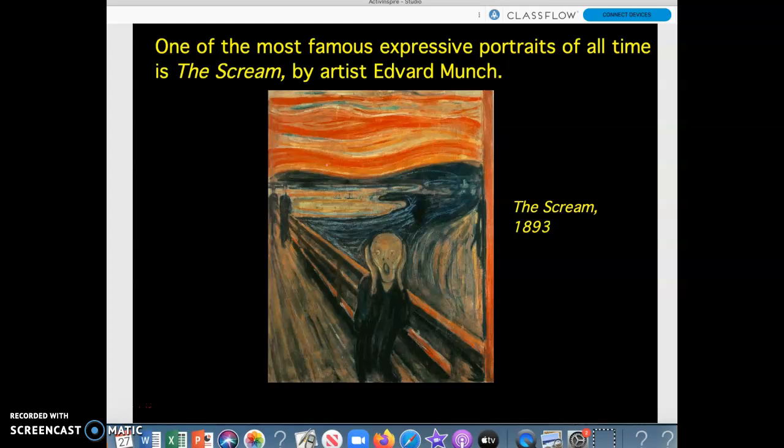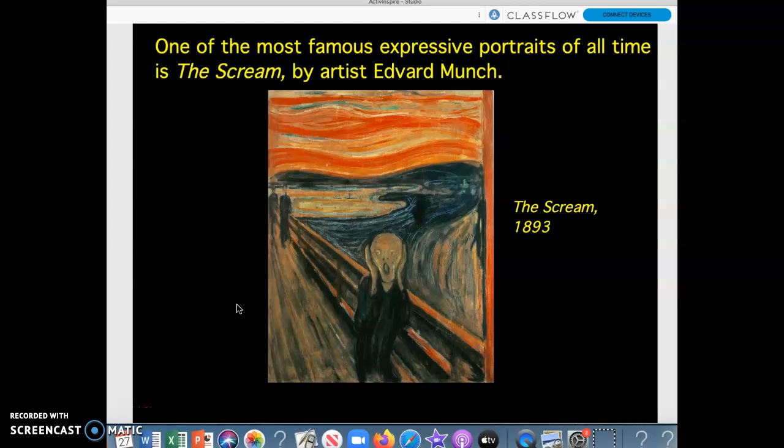And he was born in 1863, so more than 150 years ago. And he is known again for this expressionist style. He calls this a self-portrait, but obviously this is a self-portrait he painted the way he was feeling at the time that this painting was happening.